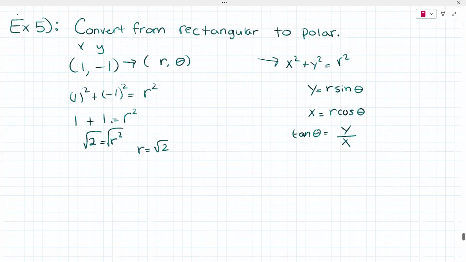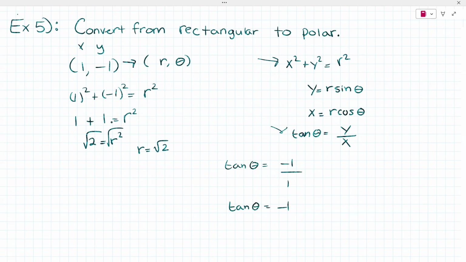Now, how do you find our theta? Well, we have an x and a y, so we could find theta using this formula. So tan of theta is y over x, and our y is negative 1, and my x is positive 1. So that's tan of theta equals negative 1.